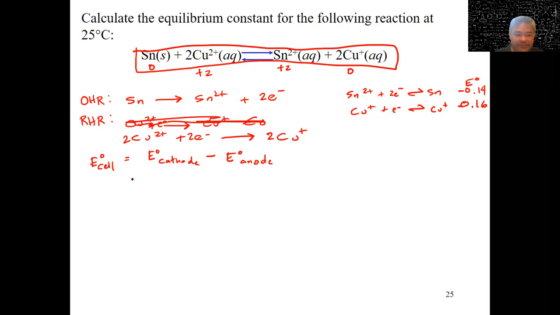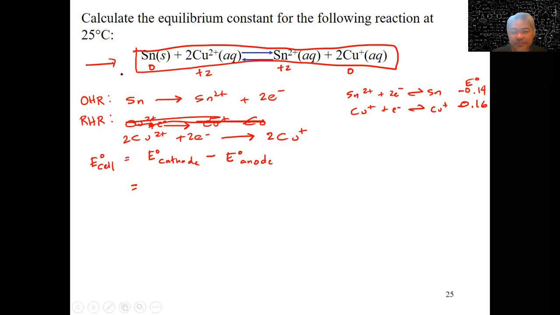So based on the reaction here, the way that you're going to identify which one is the cathode and which is the anode is based on the reaction that you have, not based on the value that you have here. Okay, so it may be a coincidence that the copper has a higher value than the tin, but the one that dictates which is the cathode and which is the anode is the given reaction.